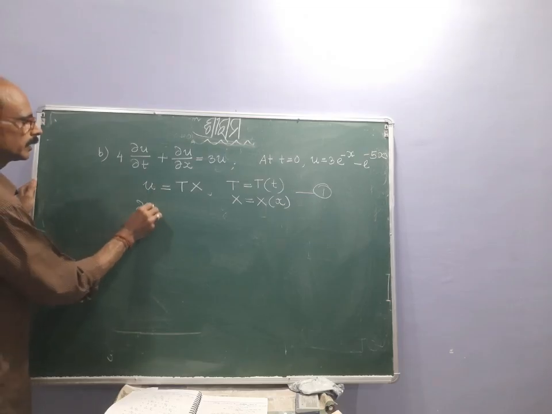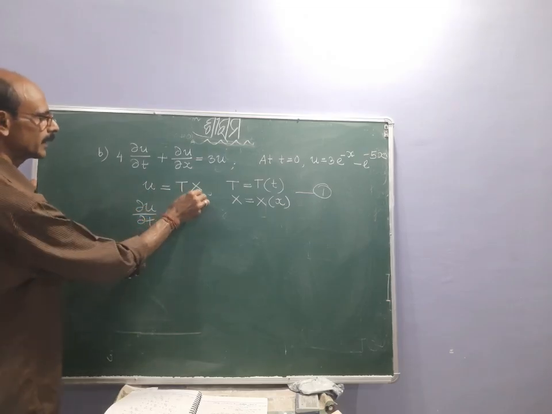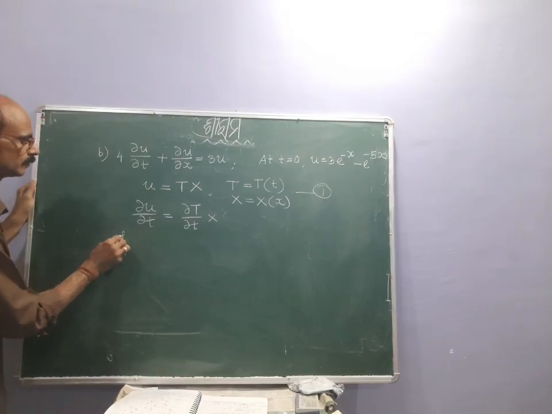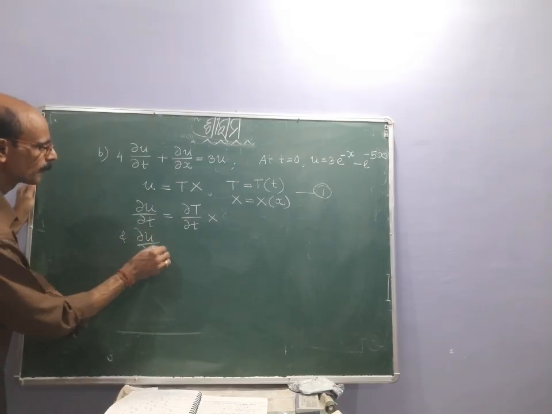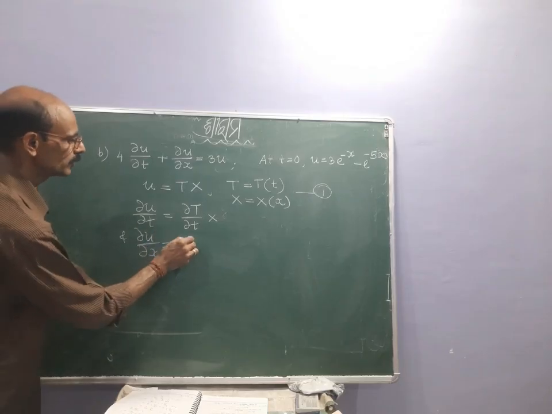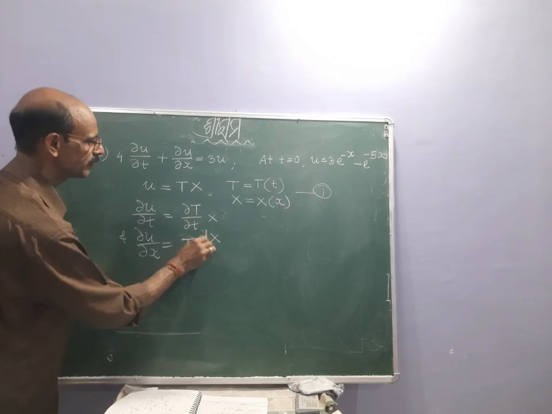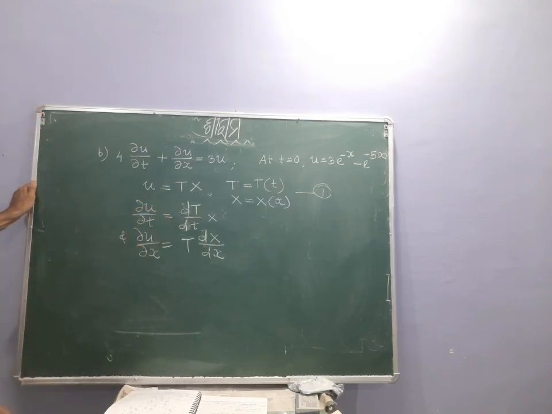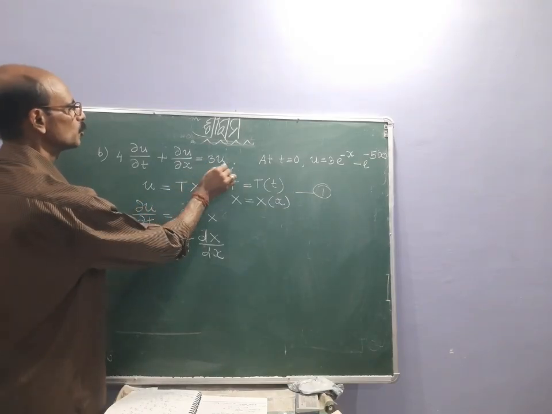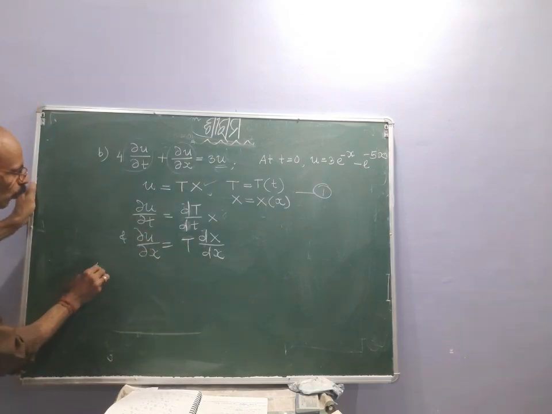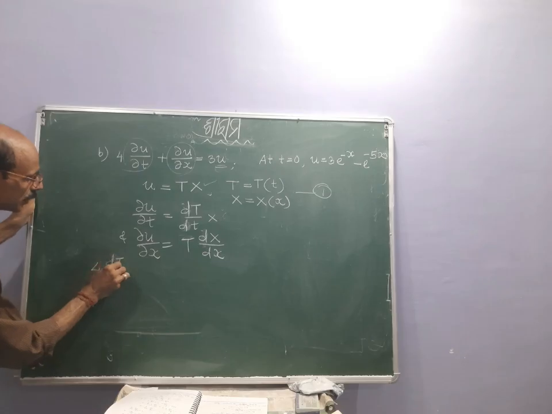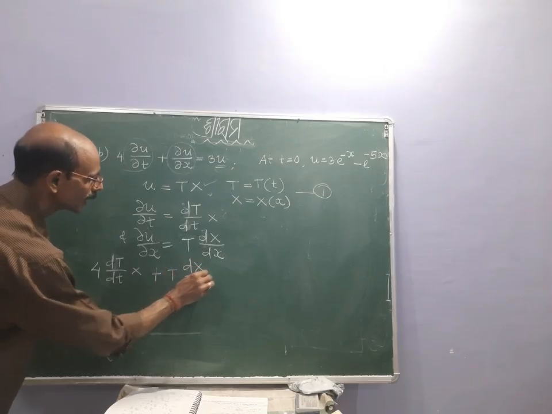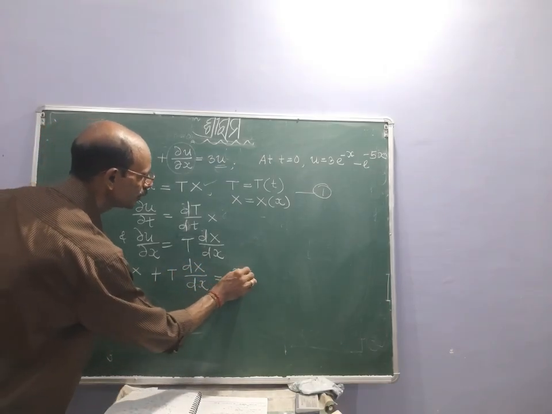Now finding out del u by del t, we get here x constant, so X del T by del t, and del u by del x is equal to, here t constant, so T dX by dx, change it to full derivative.